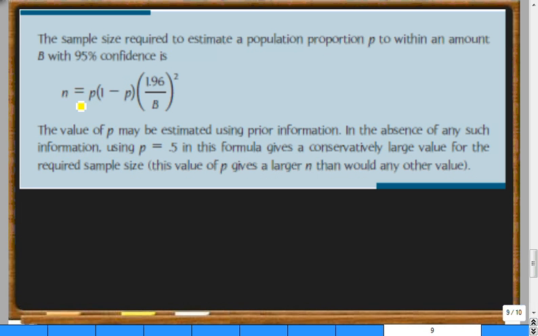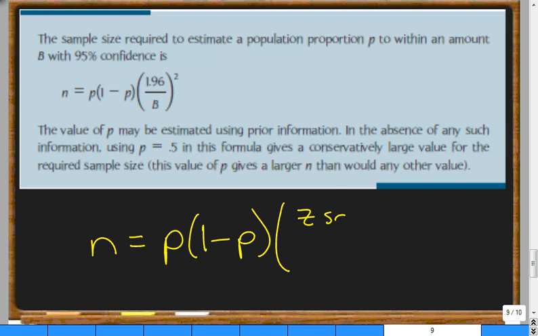So if we were looking for a sample size, n, based on a certain bound, what you do is you do p, which is your probability, times 1 minus p, times whatever your z-score is, which again, we're using 1.96 a lot because this is associated with 95%. So we use our z-score over our bound, which is that left and right movement, squared. So all these formulas you have, but you're going to need to know this for certain types of problems when you're searching for a particular sample size based on a particular bound, this B that you're looking for.